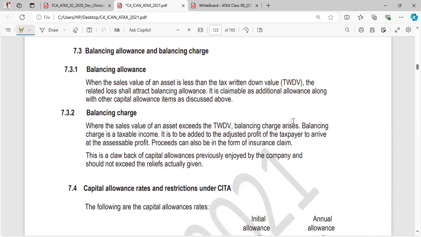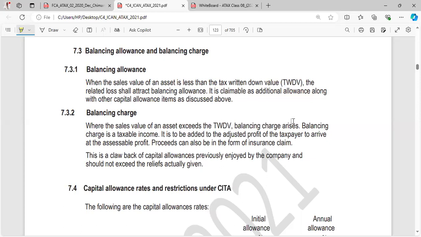Then now we'll come to balancing allowance. What is balancing allowance? When the sales value of an asset is less than the tax written down value, the related asset shall attract balancing allowance. Now let me explain this. You have an asset, and I said an asset will only qualify for capital allowance if it is also the property of the company as at the end of the basis period.